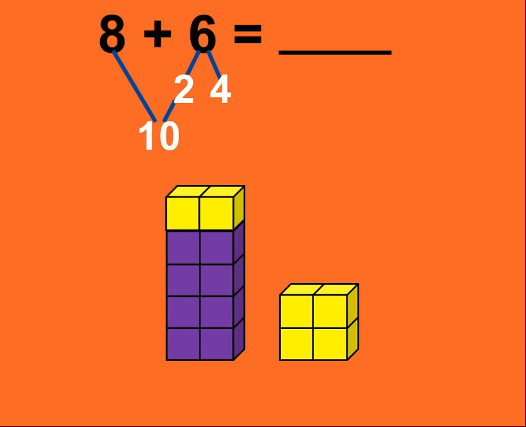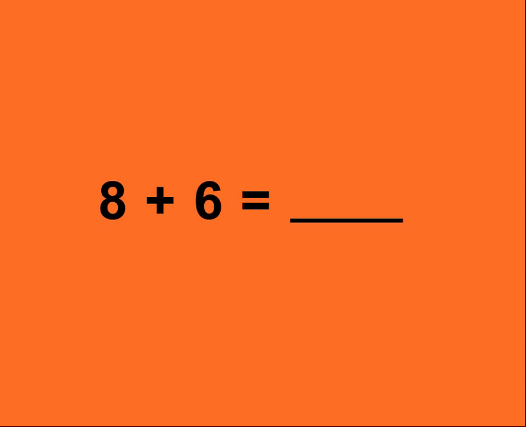Then they put the 2 and the 8 together to make 10. And 10 and 4 are 14. So once children have done it with the model, this is what they conceptualize in their mind. Making that group of 10 makes it easy to add these numbers together.